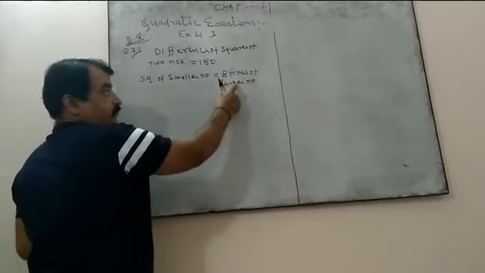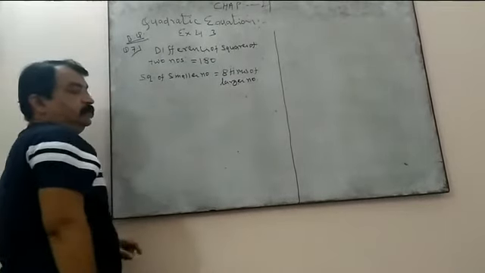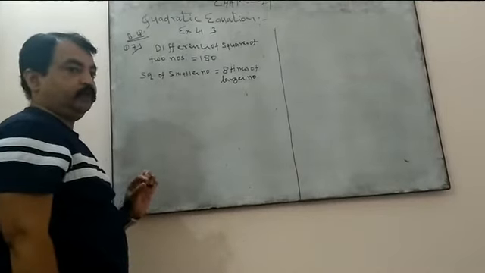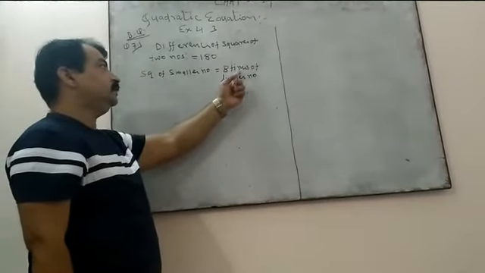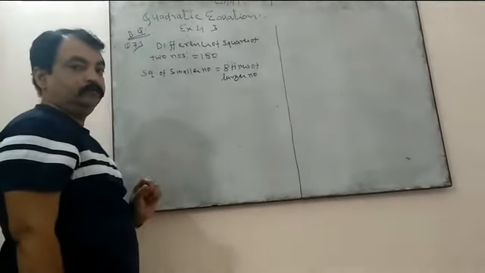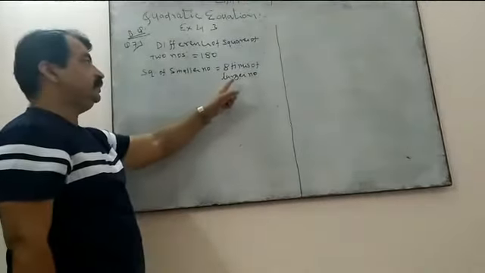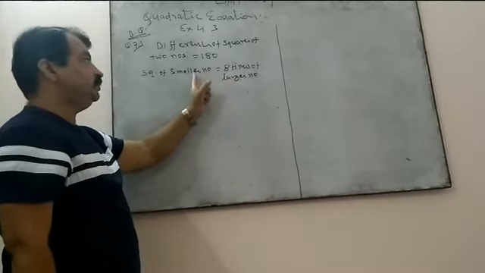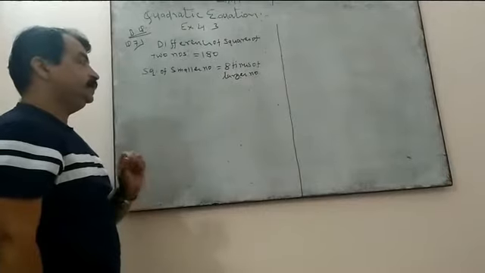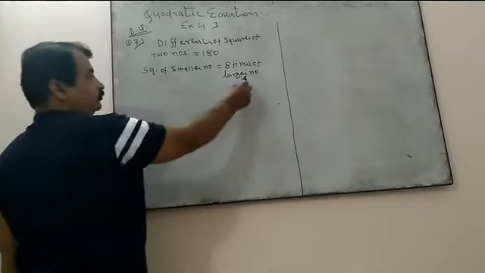It's 8 times the larger number. That means the smaller number's square is compared with the larger number, which is 8 times, right? So what value do we assume here? Definitely the larger number, because the smaller number's square is compared with the larger number. So here we assume the larger number.